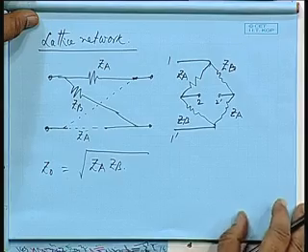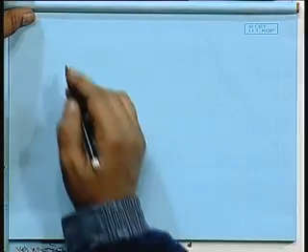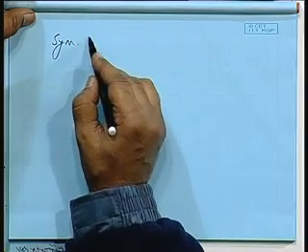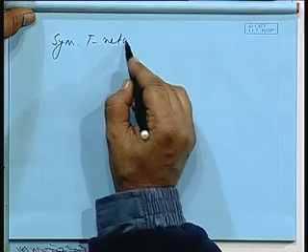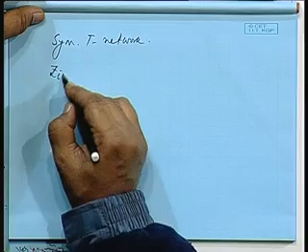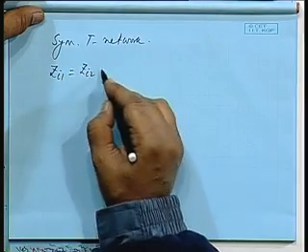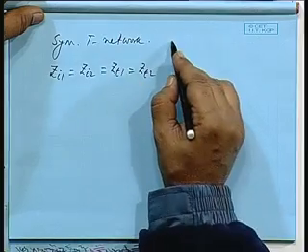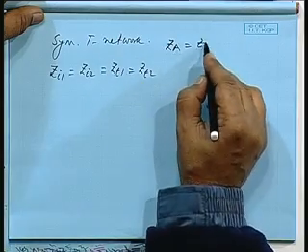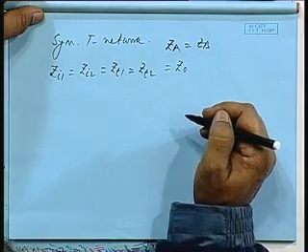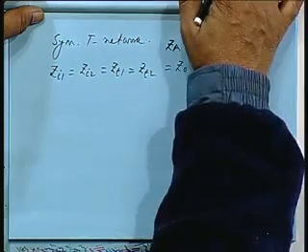Okay. Also for the T network, we saw for a symmetric T network, Z I 1 is equal to Z I 2 is equal to Z T 1 is equal to Z T 2. By symmetric T network, I mean Z A is equal to Z B, and that was equal to Z naught. And then that relation becomes very simple.